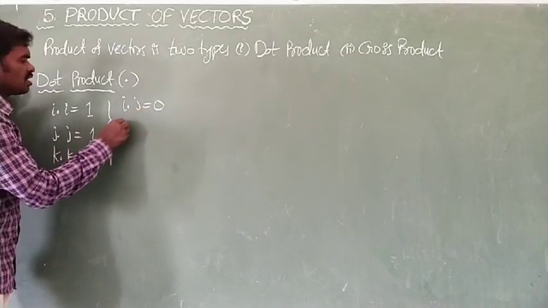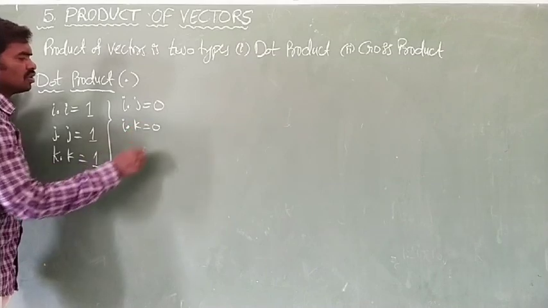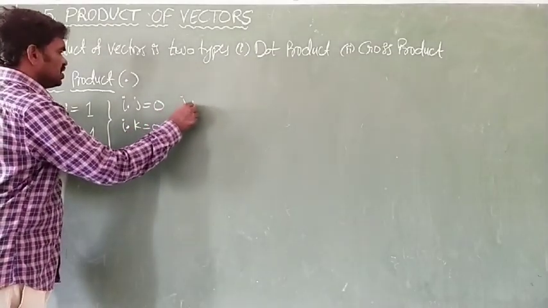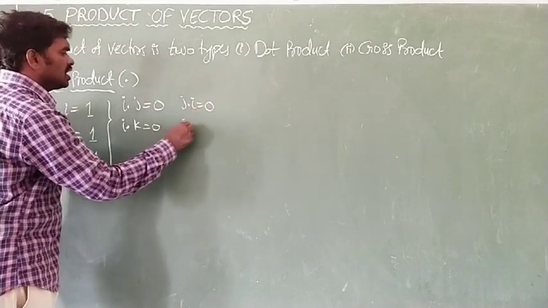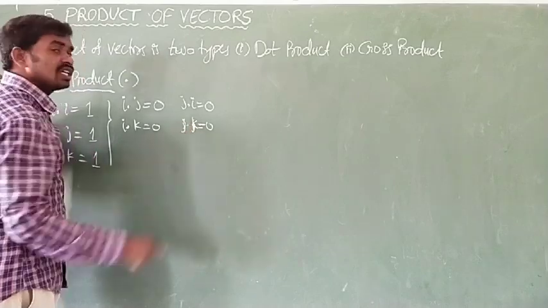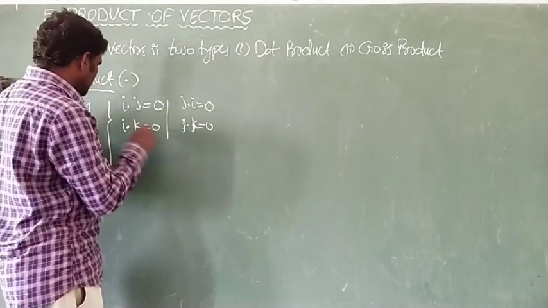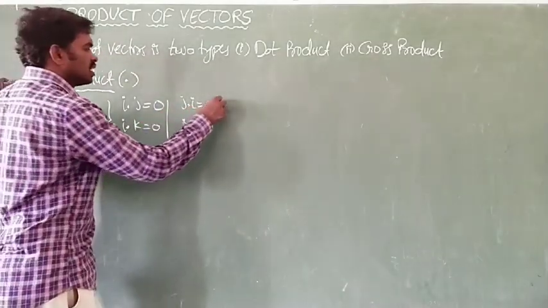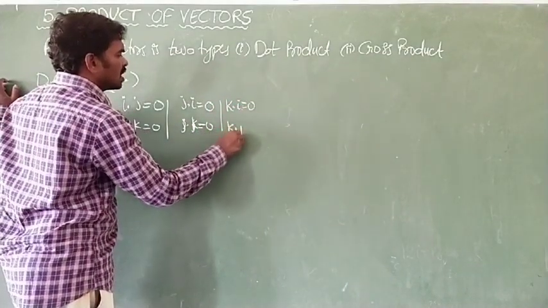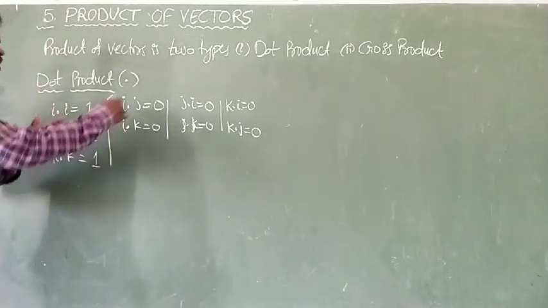Next i dot k is also 0, j dot i is 0, j dot k is equal to 0. For different terms we get 0, for same terms we get 1. That's it. Next k dot i is also 0, k dot j is also 0.